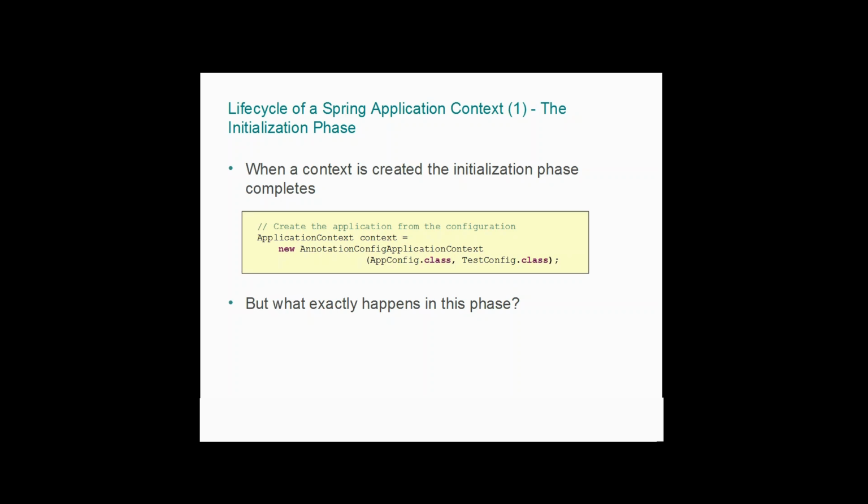When the application context, that is the container, gets created, all the beans in the given configuration are created, and of course the resolution of dependencies happens later, based on the scope of the bean. And then the post construct method gets called.